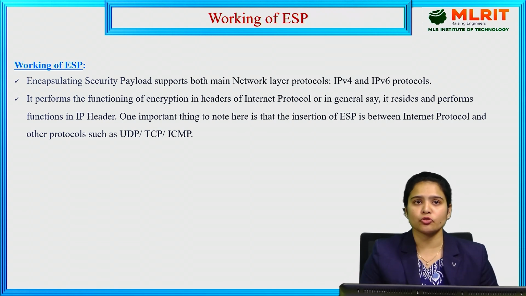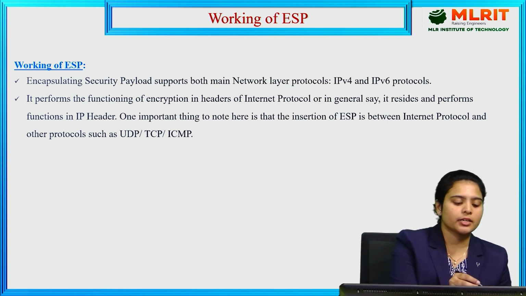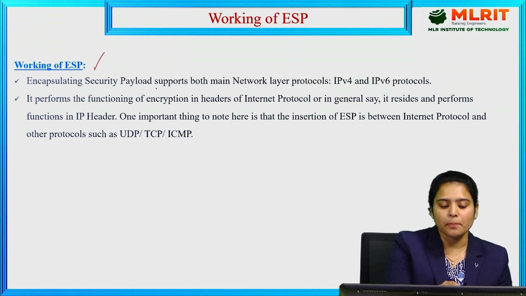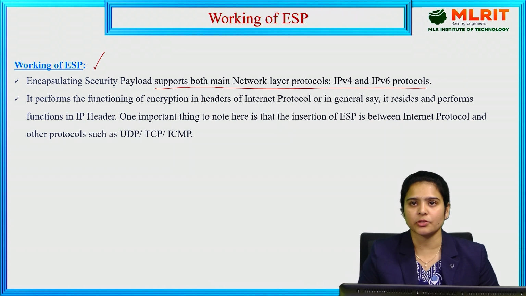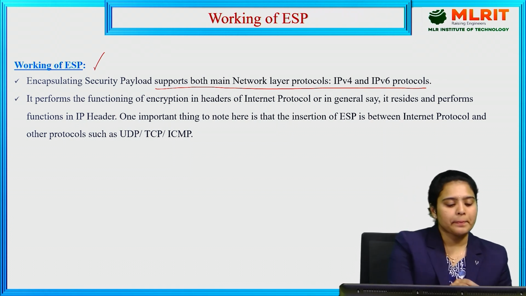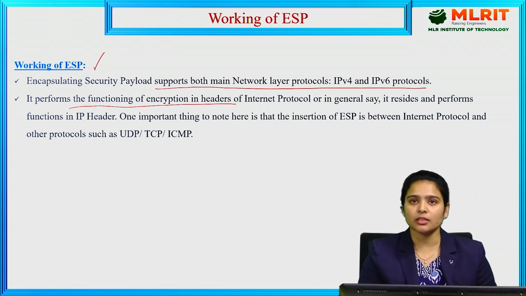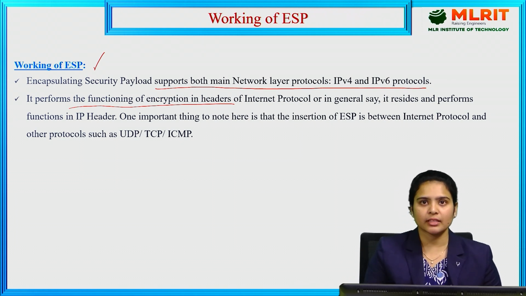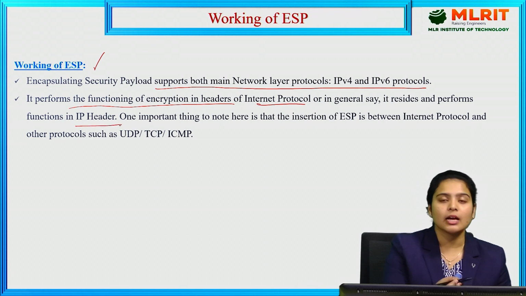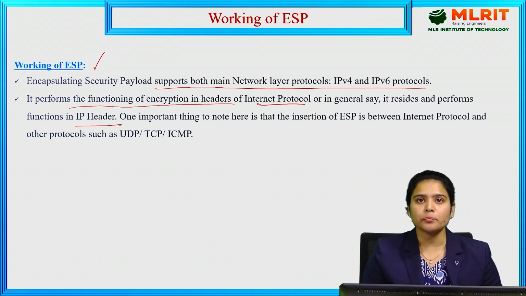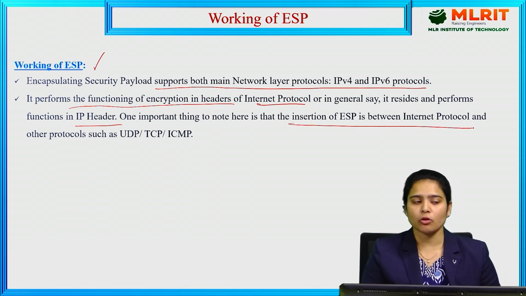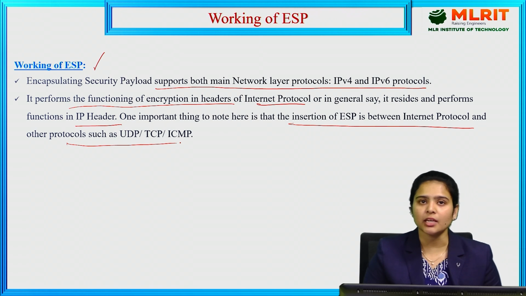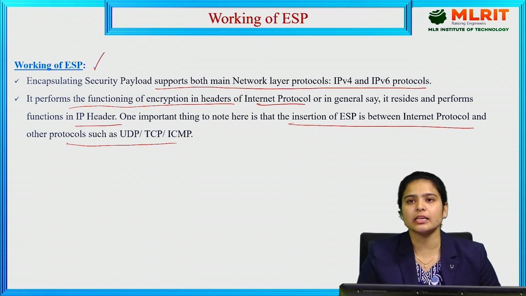How does the Encapsulating Security Payload work? It supports both main network layer protocols, IP version 4 and IP version 6. It performs the function of encryption in the headers of the Internet Protocol. One more important thing is the insertion of ESP between the Internet Protocol and other protocols such as UDP, TCP, and ICMP.